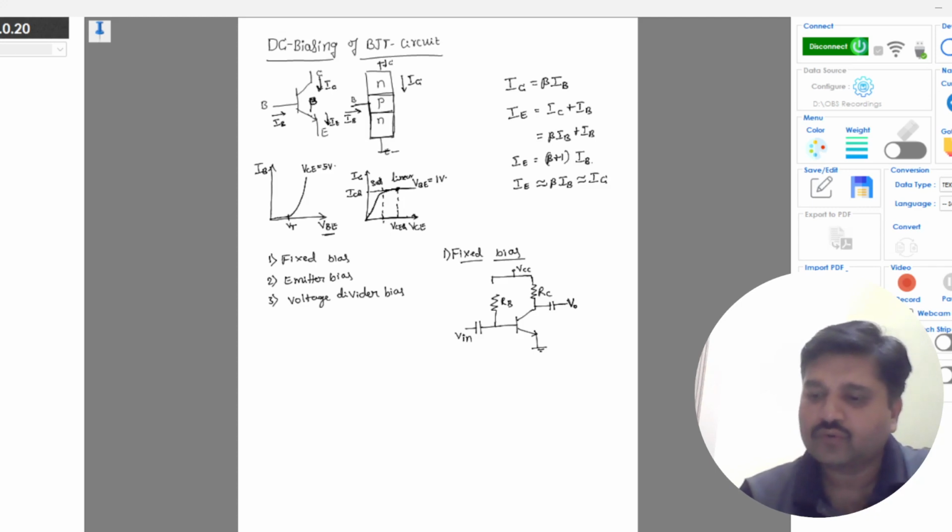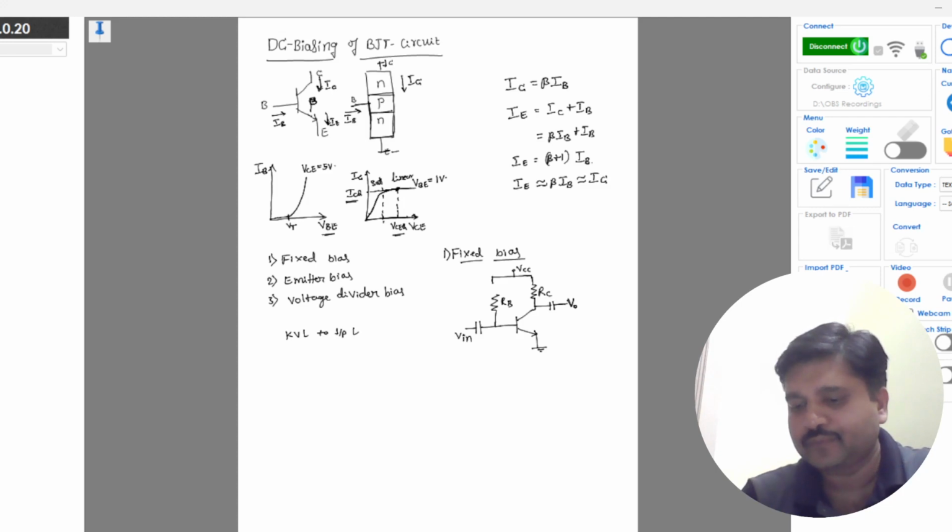Now to find the bias point, which means VCEQ and ICQ, we will apply KVL to the input loop. I will redraw the circuit for simplification.